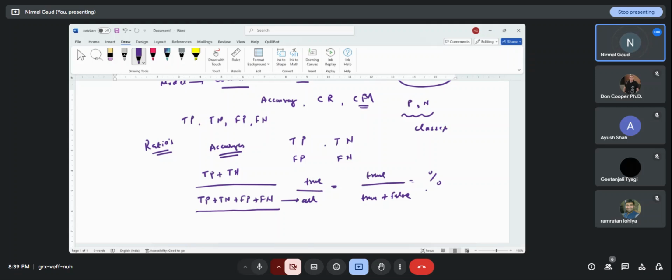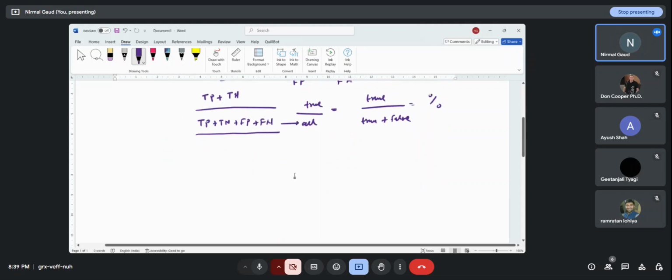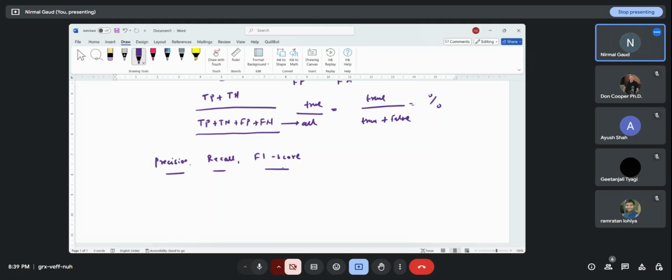Okay, fine. Apart from this, we have the terms like precision, recall, F1 score. These terms are also present. So precision, we say that it is the ratio of TP upon TP plus FP.